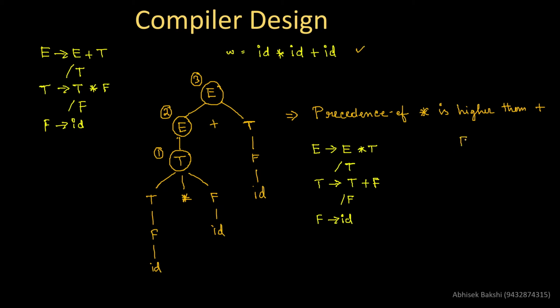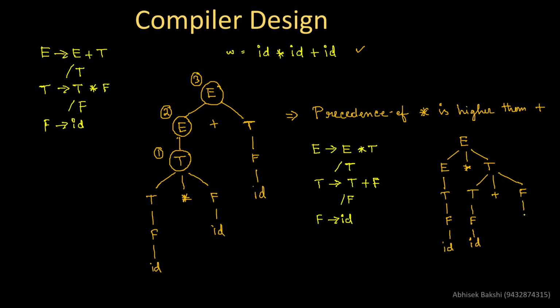I will simply use a parse tree like this, E to E star T, this T to T plus F, and this E is associated with T, T is associated with F associated with ID. This is associated with F associated with ID.